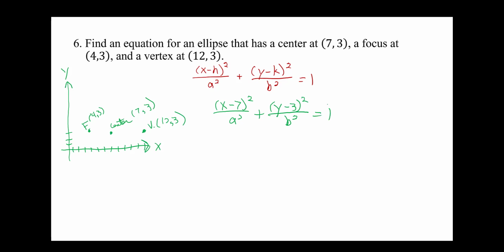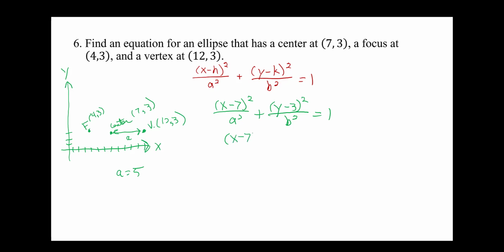Well, I do know that the distance from the center to a vertex, I have a. So let's see, from 7,3 to 12,3, that would give me a equals 5. Well, we can go ahead and throw a into our equation.